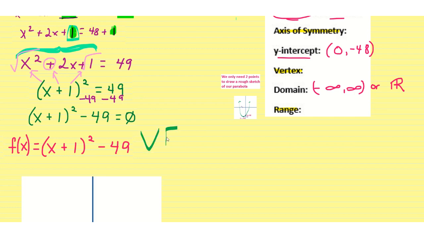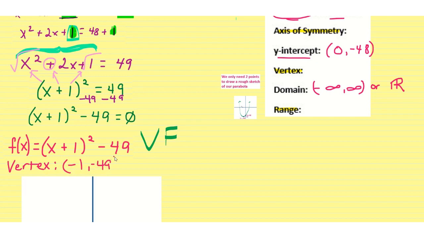Vertex form right there. The reason why we call it the vertex form is because it is incredibly simple to identify our vertex. So the vertex of our quadratic, of our parabola, is going to be (-1, -49).